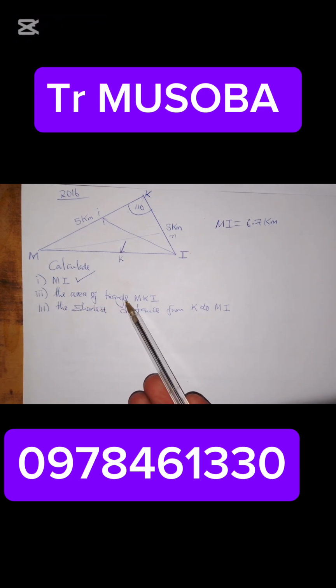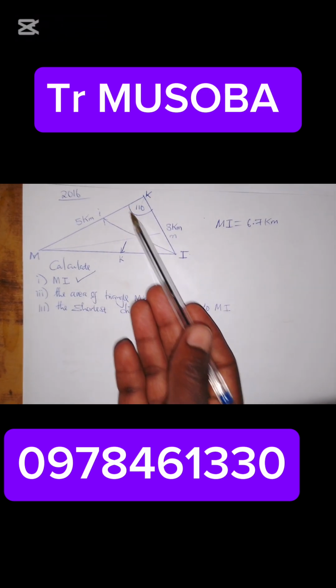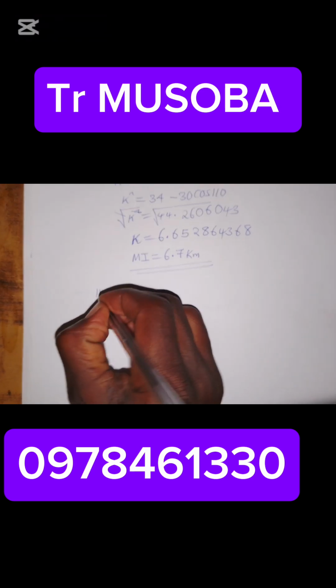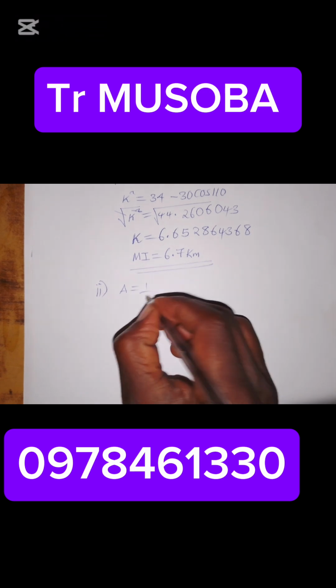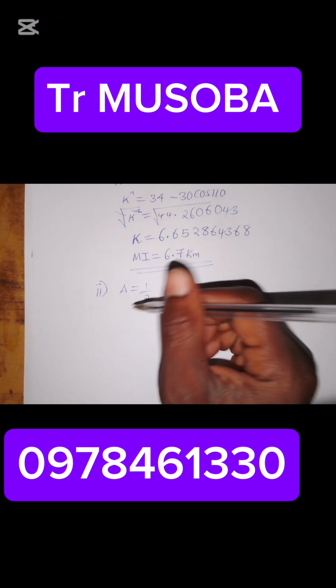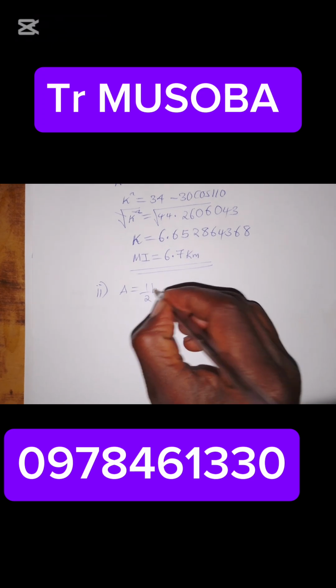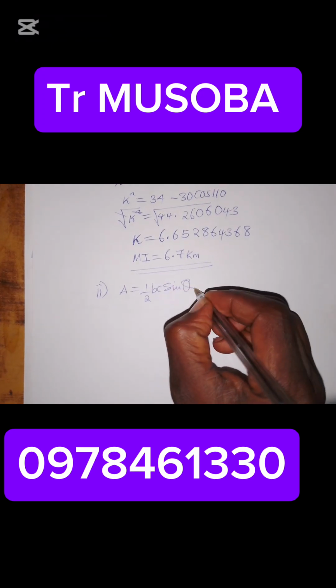Calculate the area of triangle MKI. So the area of this triangle. For the area, you use the formula: area is equal to half of BC sine theta.